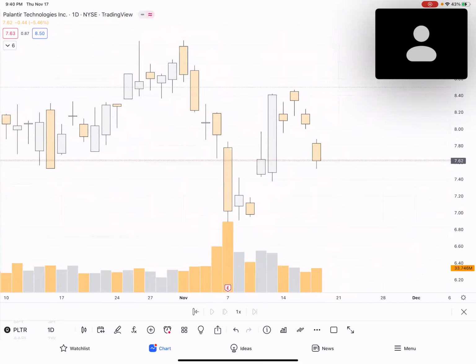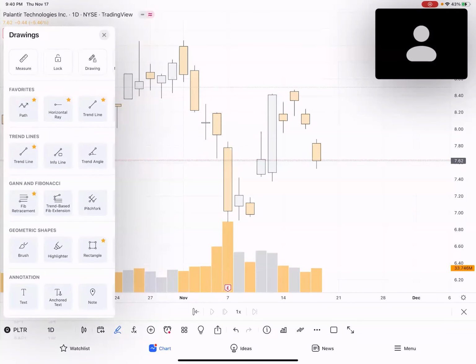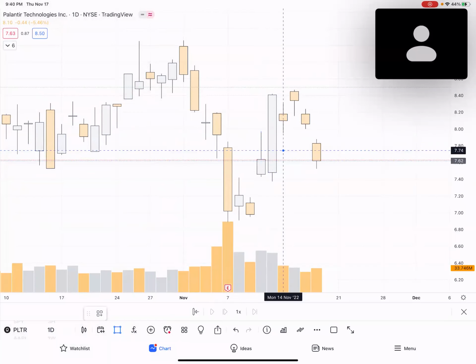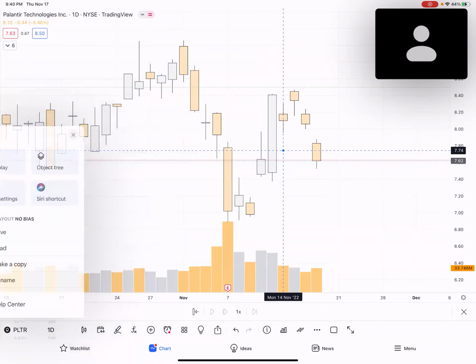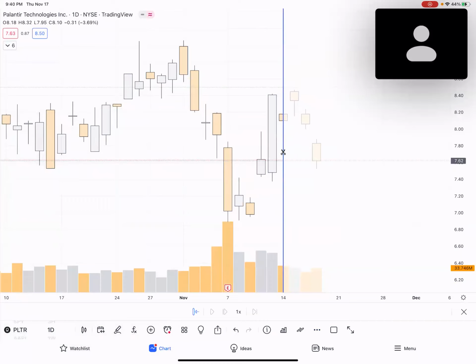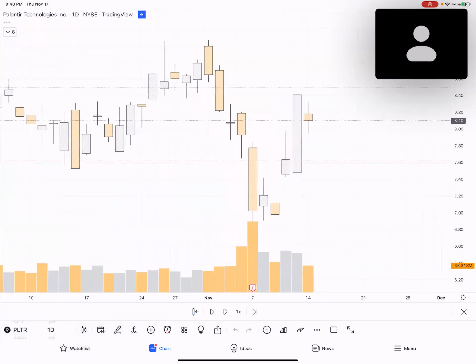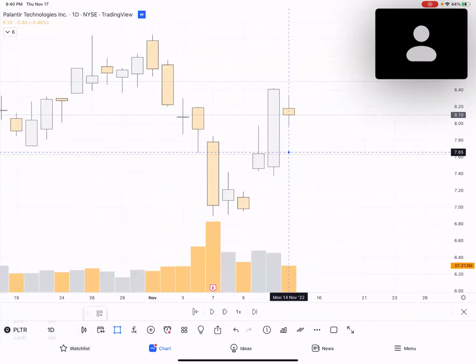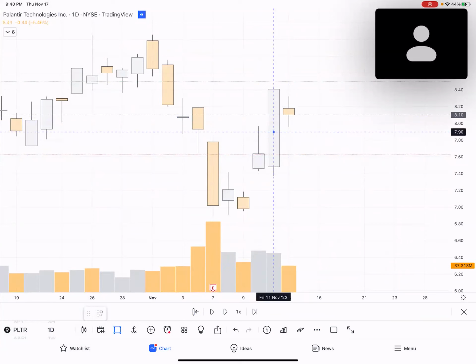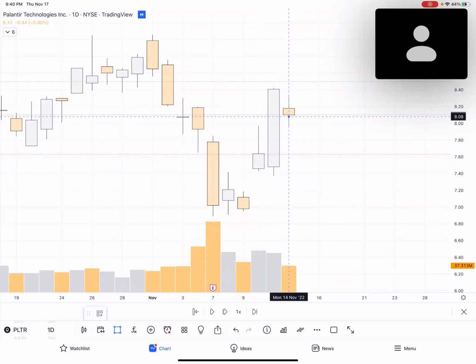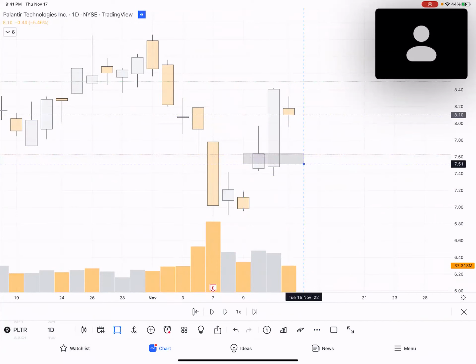So on the daily, the first thing I noticed was this big Marubozu candlestick here, right? The first down move before that aggressive up move is going to be the body of this candlestick here.